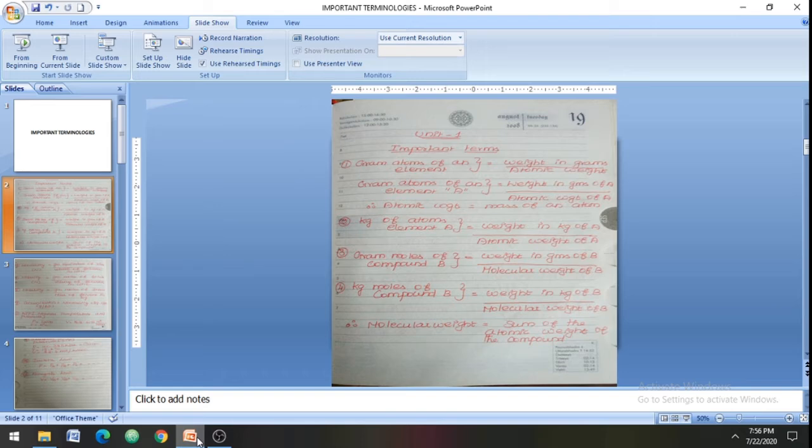So sodium is 1, oxygen is 1, hydrogen is 1. That's why the sodium hydroxide molecular weight is equal to 23 plus 16 plus 1, totally 40. This is the sodium hydroxide molecular weight. Likewise, we can calculate for any type of compound.